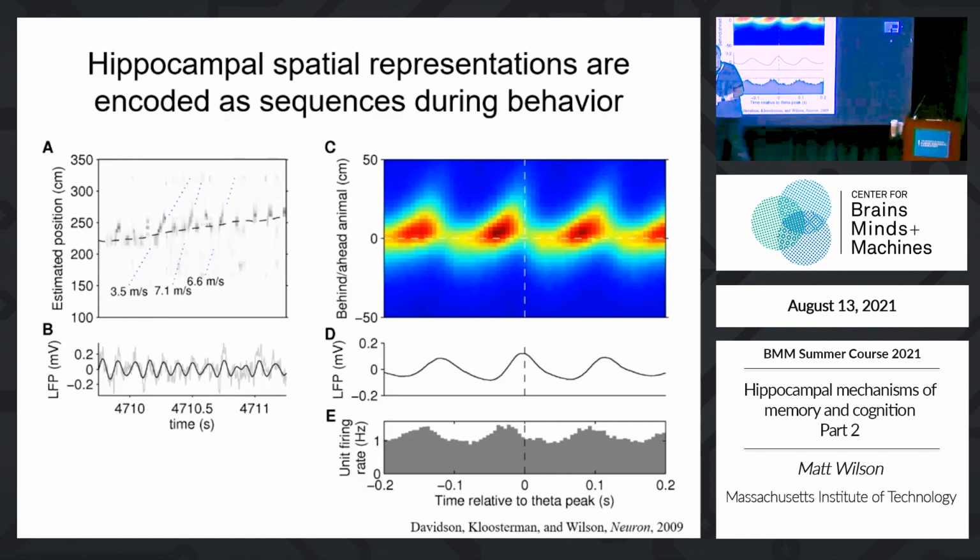So I decode estimated spatial position as a function of spiking at 10 millisecond resolution. Of course, the theta cycle is about 100 milliseconds, so now I have sub-theta cycle resolution. The gray here indicates the estimated probability of being in a given location as a function of the population activity at that time.